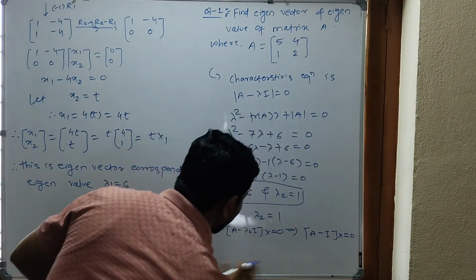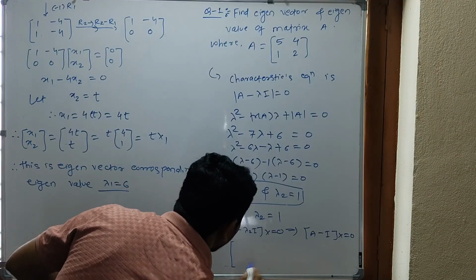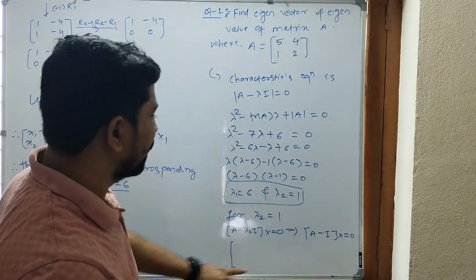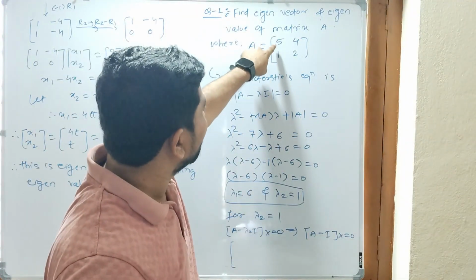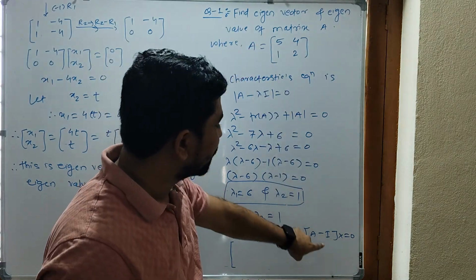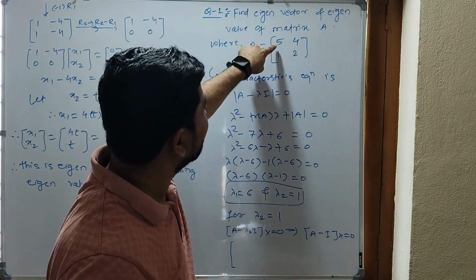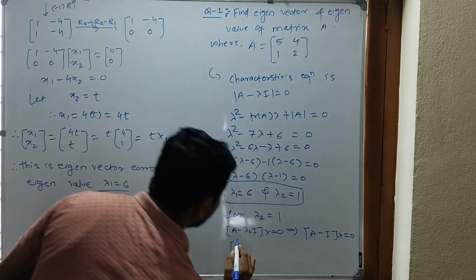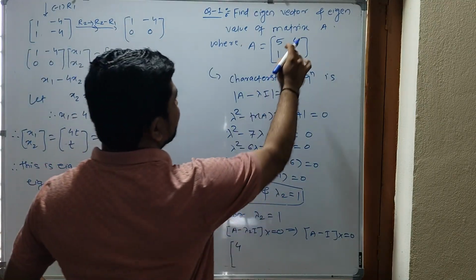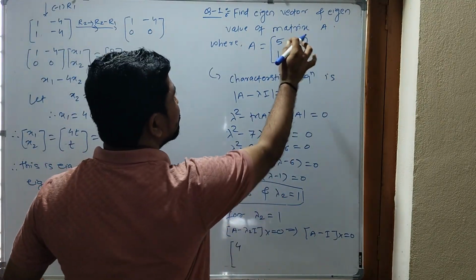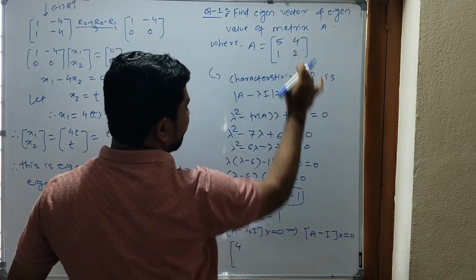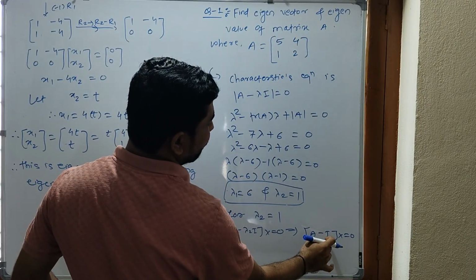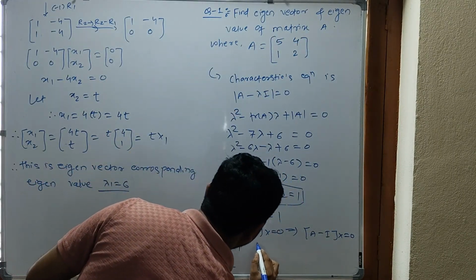So again I will write this same matrix here. You know how to write A minus I, just subtraction. First position of this matrix is 5 and first position of identity matrix is 1, so 5 minus 1 is 4. The A12 position of this matrix is 4 and the A12 position of identity is 0, so this is simply 4.